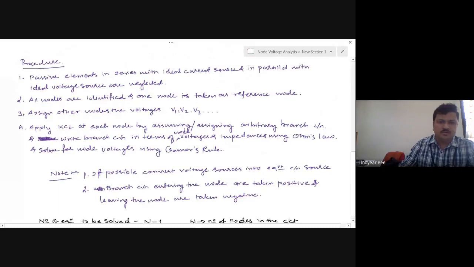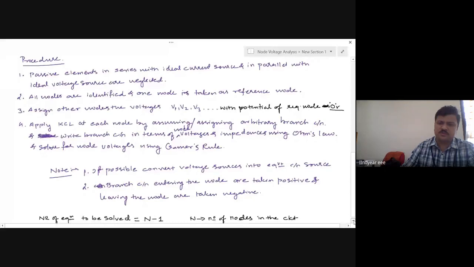But we can assign the other nodes the voltages V1, V2, V3, with the potential of the reference node at zero volts, or ground potential.